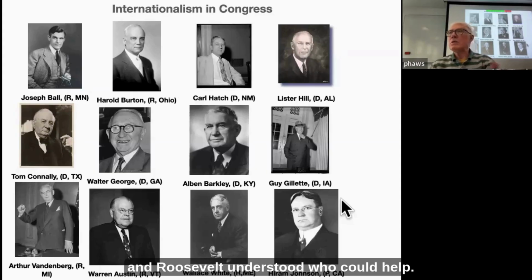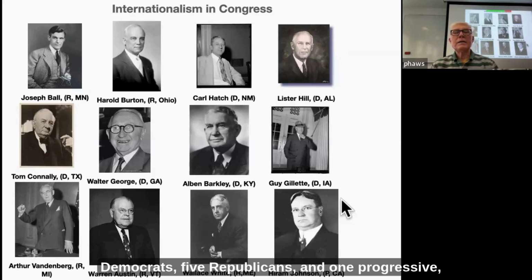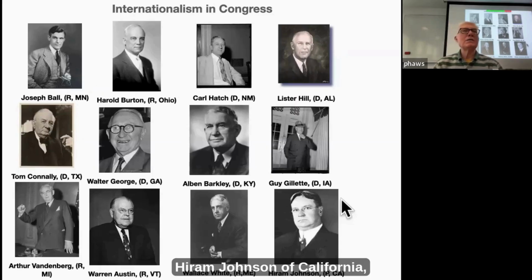And Roosevelt understood who could help. What you see here, of the 12 men, there are 6 Democrats, 5 Republicans, and 1 Progressive, Hiram Johnson of California, who was an old-line isolationist, but he learned and came forward.